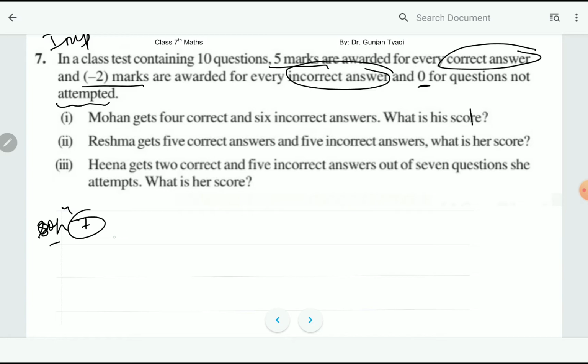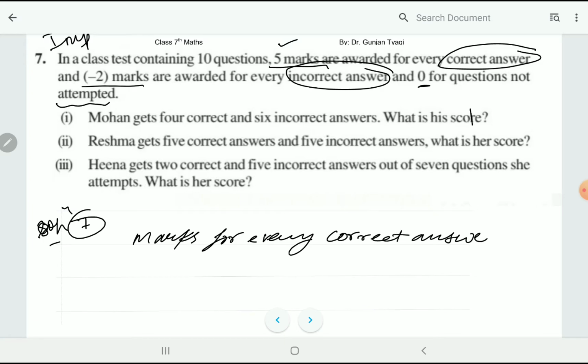So first of all, marks for every correct answer is 5.